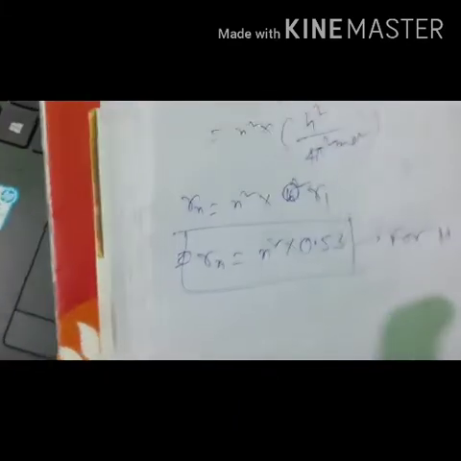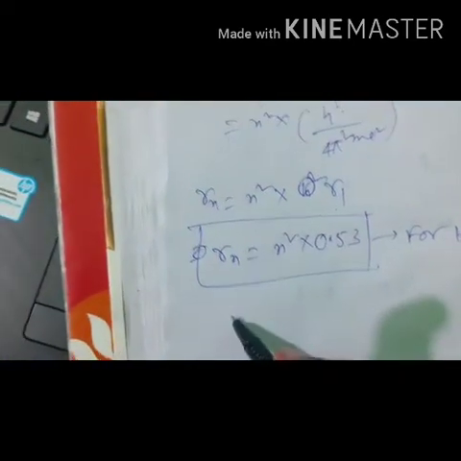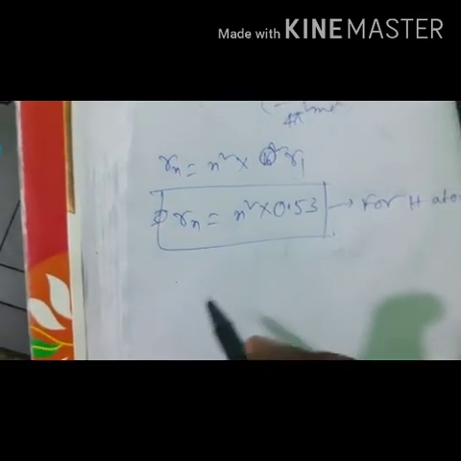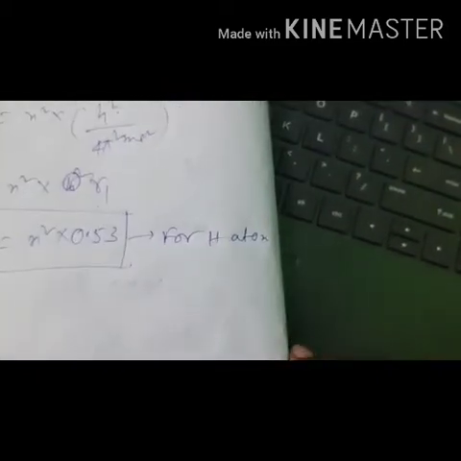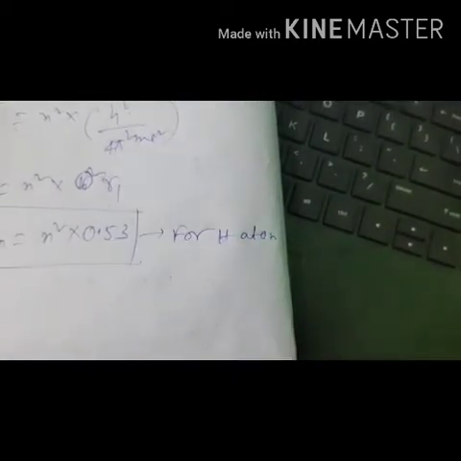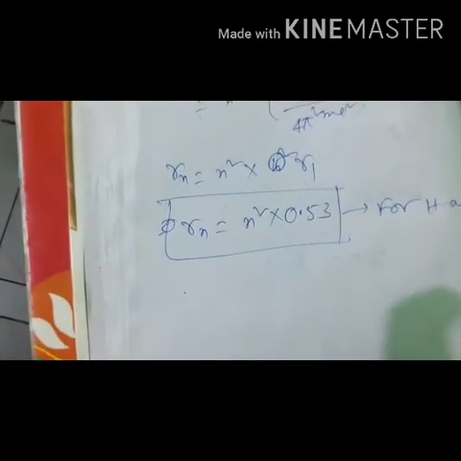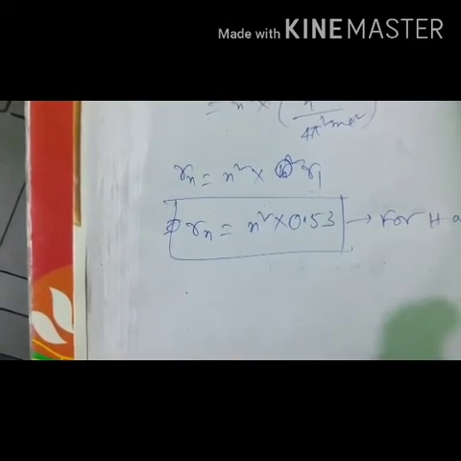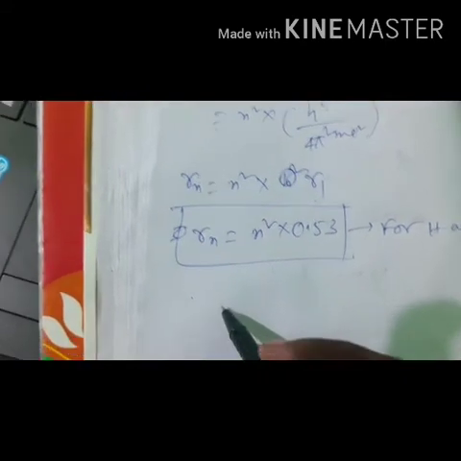But if we consider a hydrogen-like atom, then what would be the expression? Hydrogen-like atoms are those atoms which have a single electron system, only a single electron. For example, lithium 2 plus: lithium has 3 electrons, but 2 plus means only 1 electron remains. So for a hydrogen-like atom, the Z value will not be equal to 1.